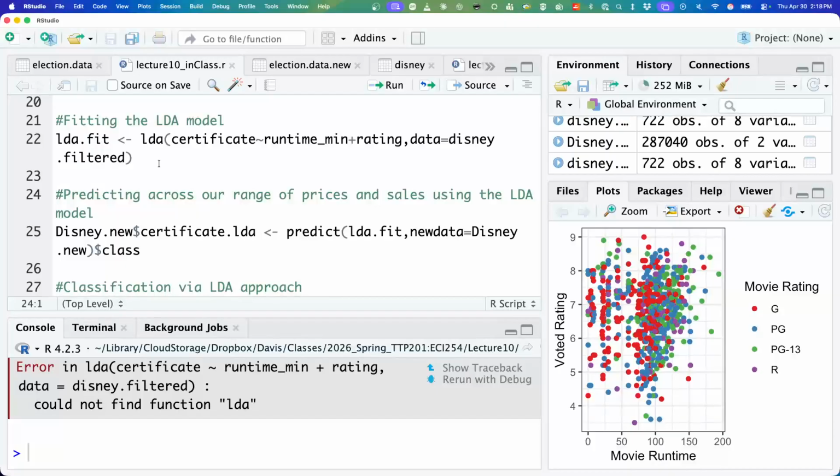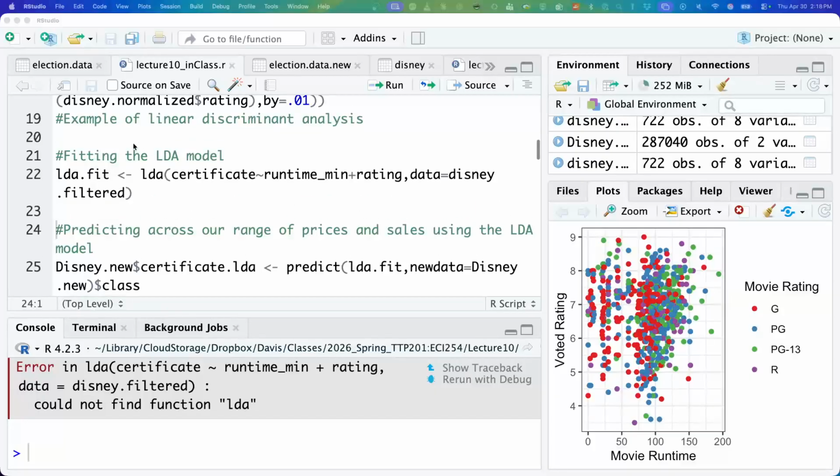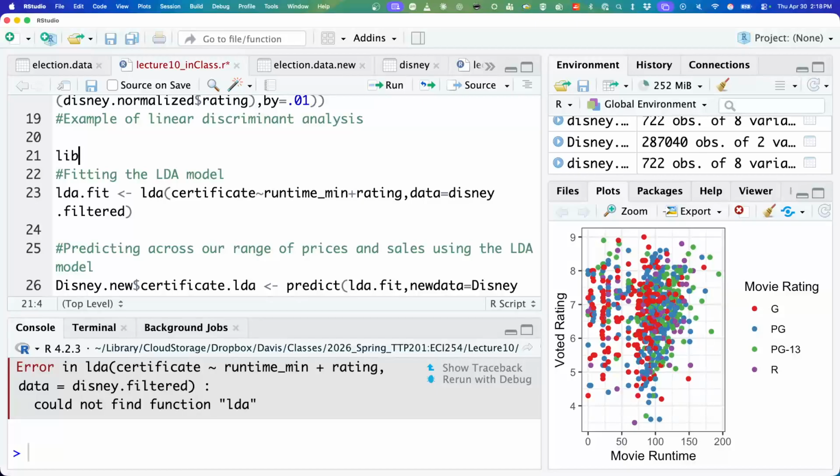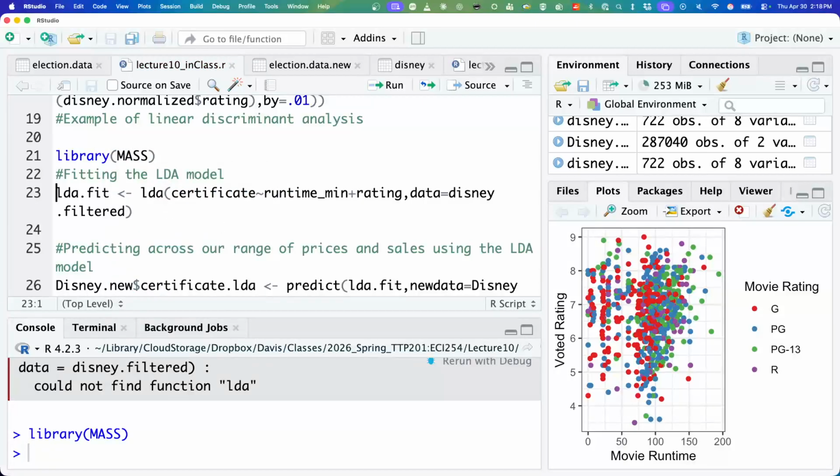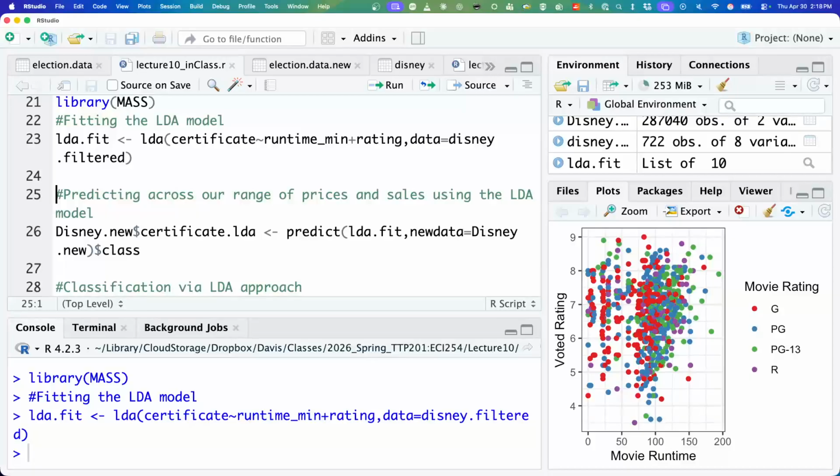I need to put the right package. I believe this is in the MASS package. Yes, okay. So you'll need to put library there first. Okay, and so we use this function LDA to run the model.